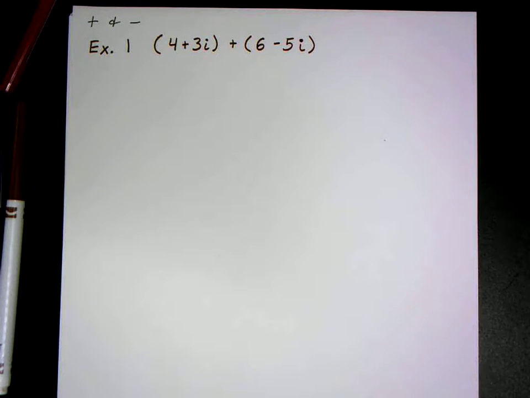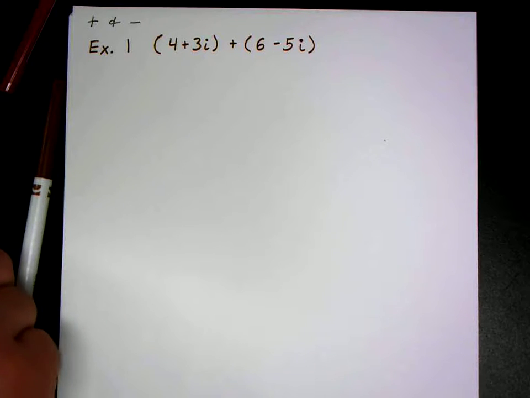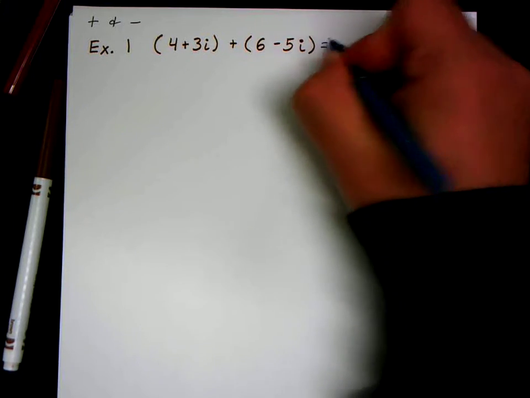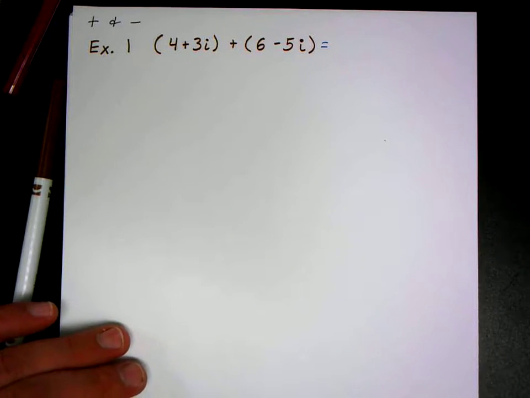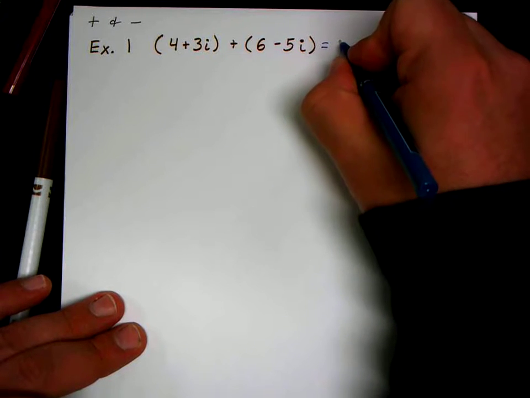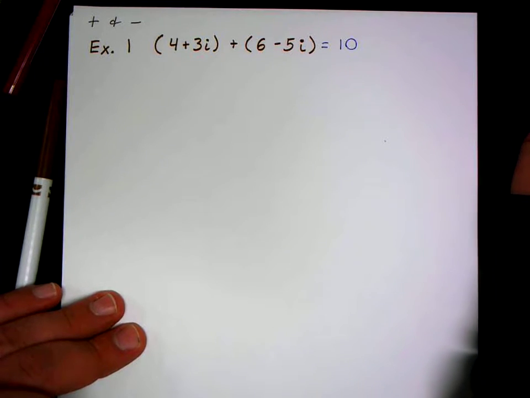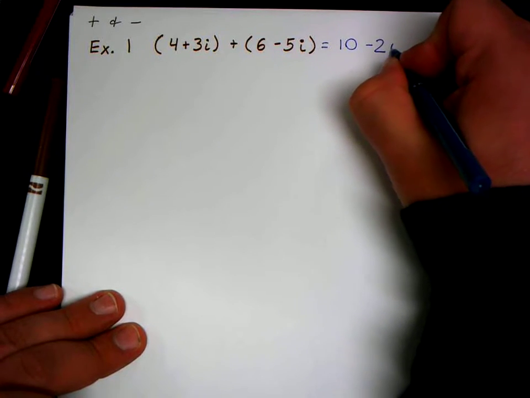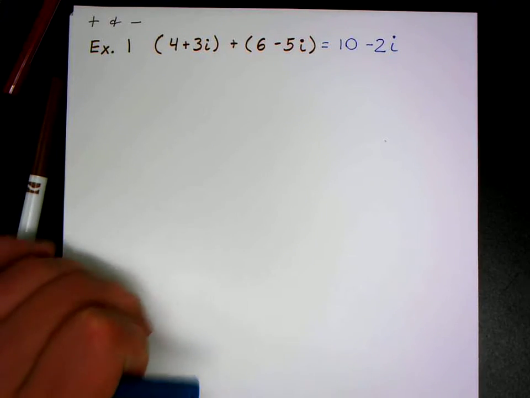So when we do any of this math, it's just like doing it with your polynomials. You just treat it like a variable. So all we're doing is combining like terms. So we take 4 plus 6 and 3 minus 5i. There's your solution. That's it.